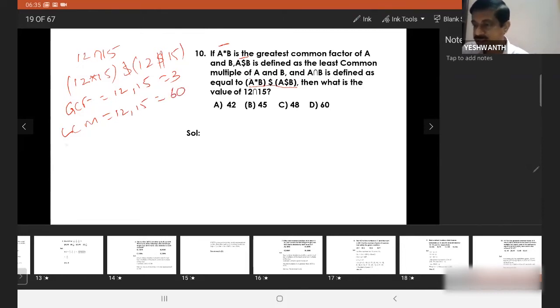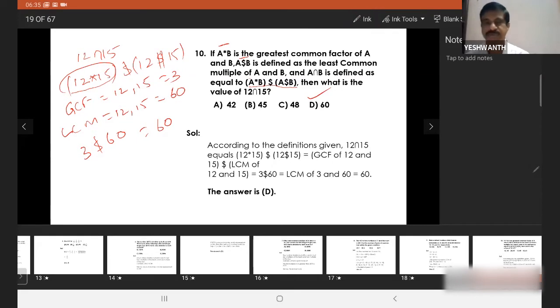So that means for this first one you are getting 3, and this symbol means it is the LCM between 60 and 3. So if you take the LCM of 3 and 60, it will be equal to 60. So therefore the answer is D. So please note it fast, quick.